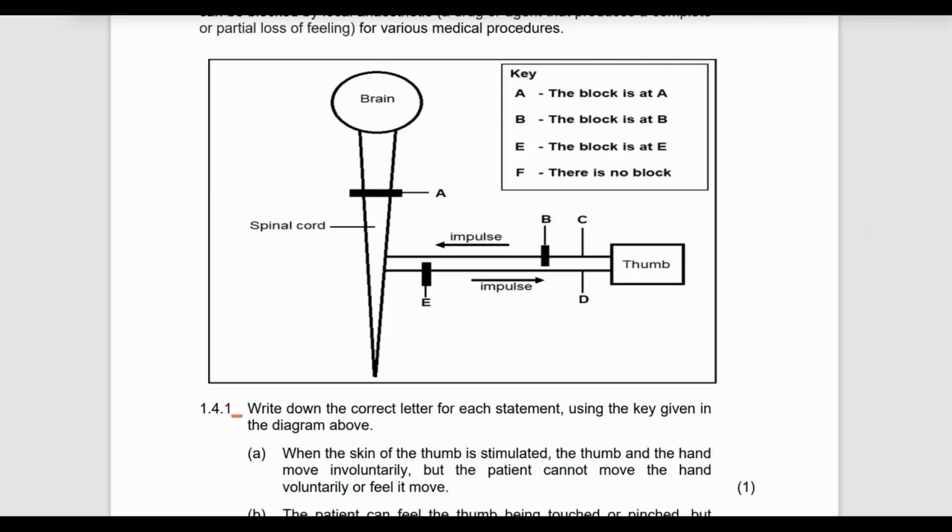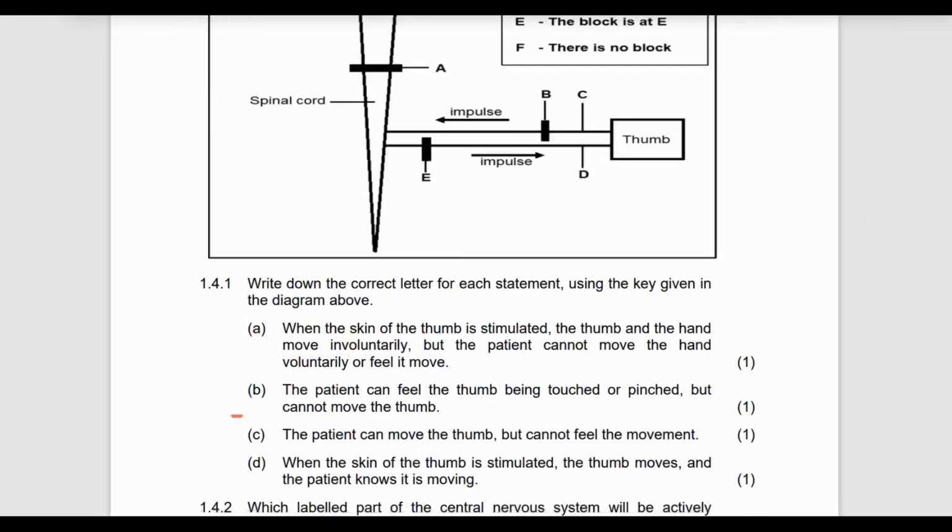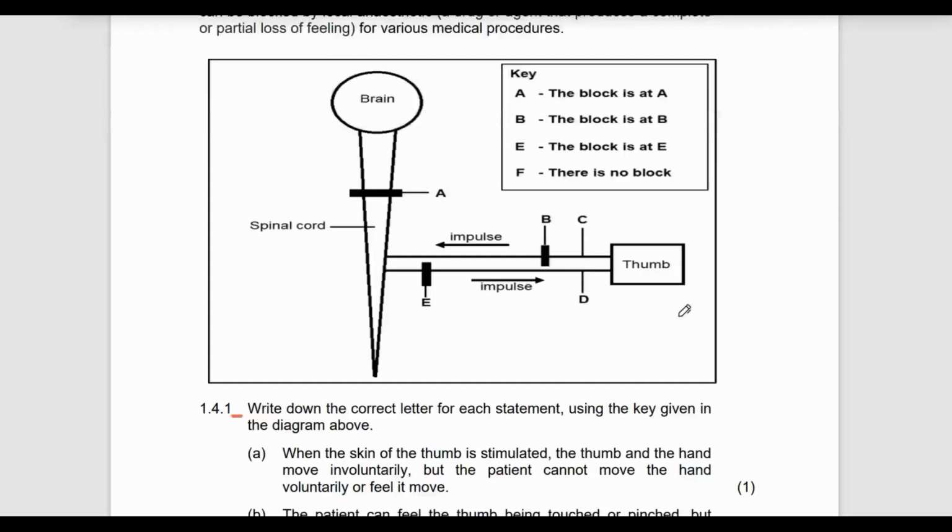But now the patient can move the thumb. Let's say for example this patient is running, and the thumb is moving while they are running, however, they cannot feel the movement. If they cannot feel the movement, the impulses were not sent to the central nervous system so that they can be integrated or interpreted.